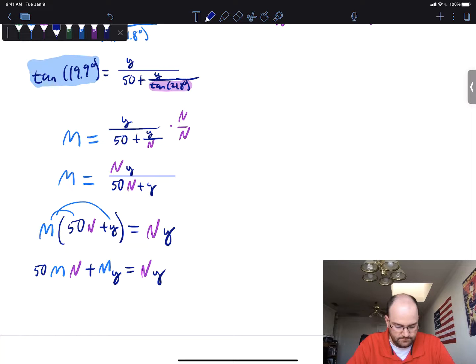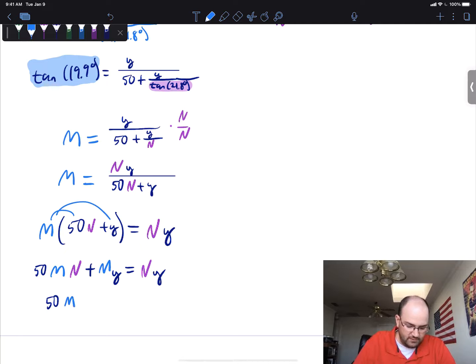Good. Now notice I need to get the y's on the same side. So I need to subtract the My. And that's going to give me 50MN is equal to capital Ny minus capital My.